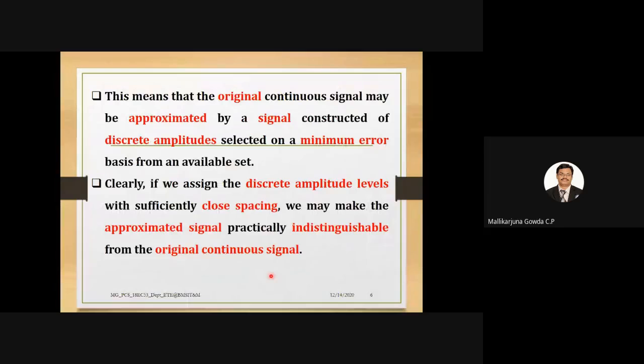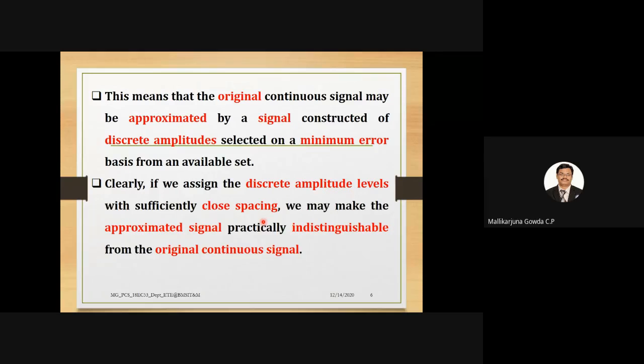This means that the original continuous signal may be approximated by a signal constructed of discrete amplitudes selected on a minimum error basis from the available set. So we can assign the discrete amplitude levels with sufficiently close spacing, which is what is shown in the diagram.